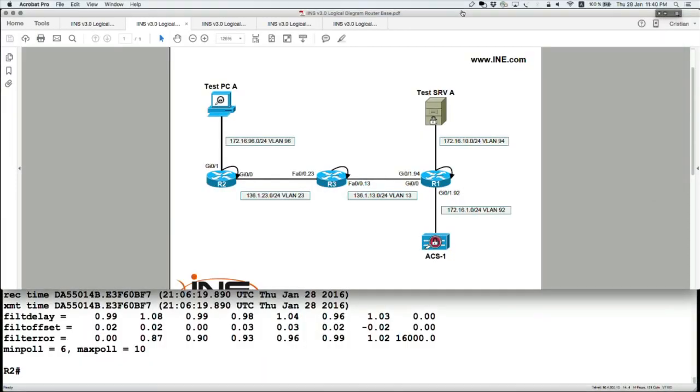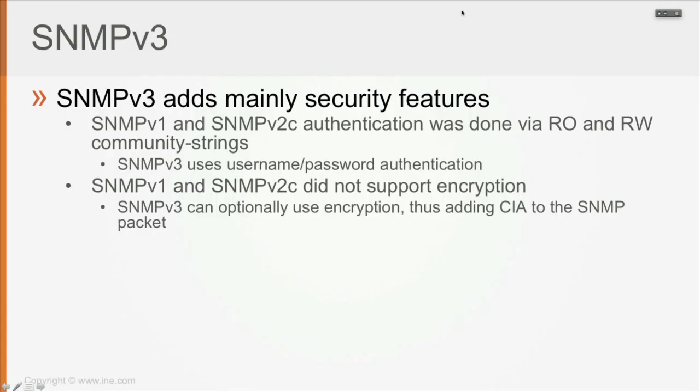So that's why they came up with version 3, which uses username and password authentication, and you're going to see exactly how that works. Why is that better? It's not because it's username and password based, but because of how the credentials are sent back and forth between the manager and the agent.